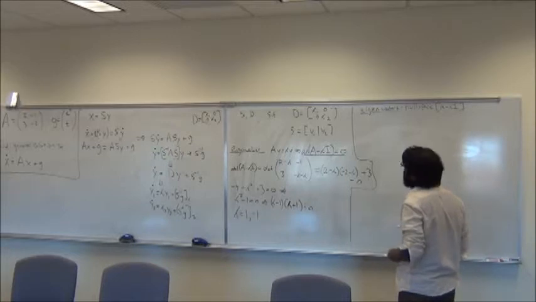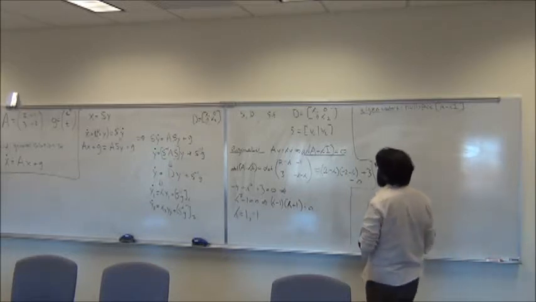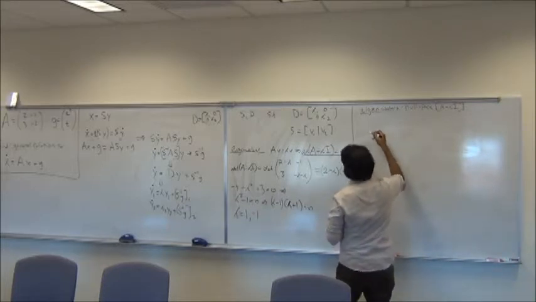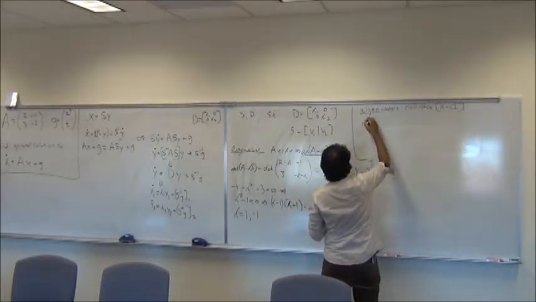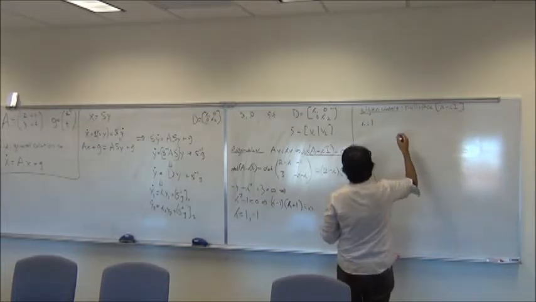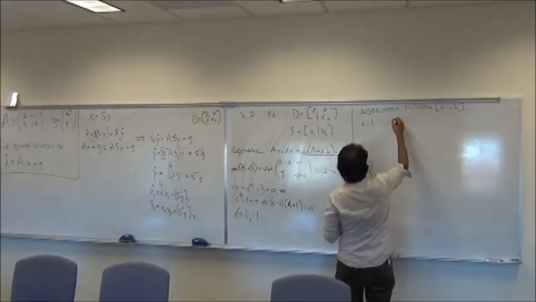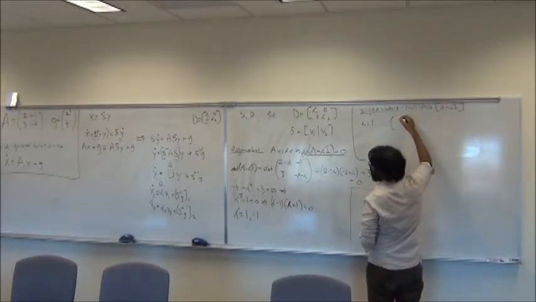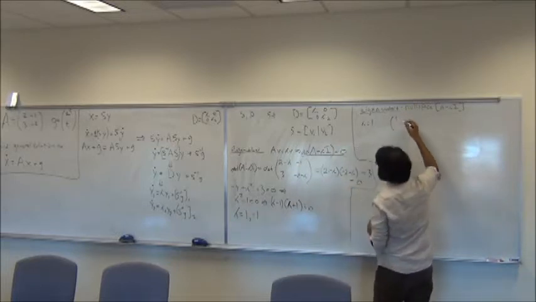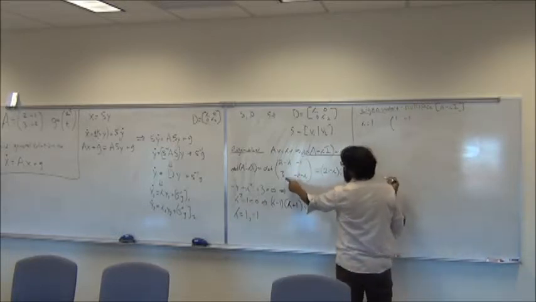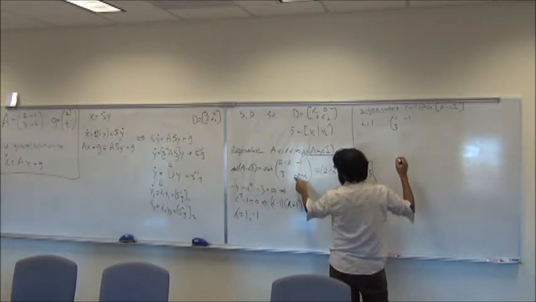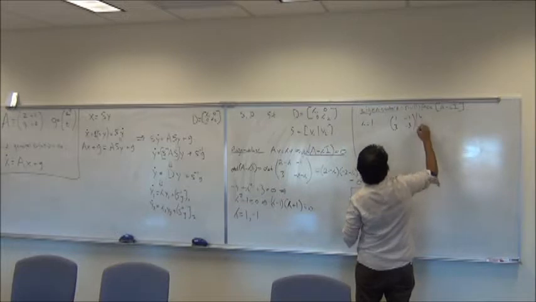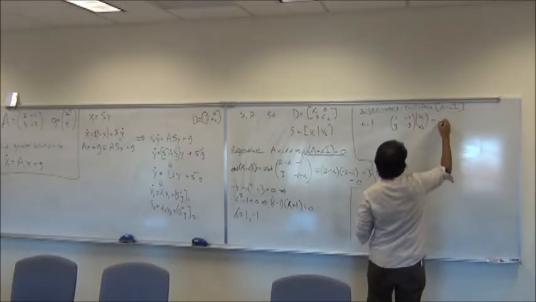Okay, and so the way we find elements of this null space is we say that this matrix times V equals 0. So let's write that out. So let's do this first for lambda equals 1. And what we're looking for then is this matrix when lambda equals 1 becomes 2 minus 1 is just 1, minus 1, this stays 3, and minus 2 minus 1 is minus 3, times v1, v2.